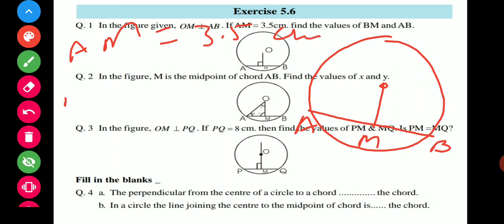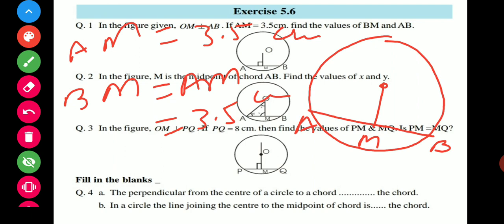Find the value of BM. BM is equal to AM, and that is 3.5 centimeter, because the perpendicular from the center on the chord divides it into equal parts. So both parts are equal. So that is your answer. You can write.